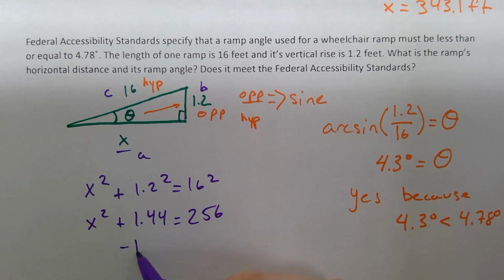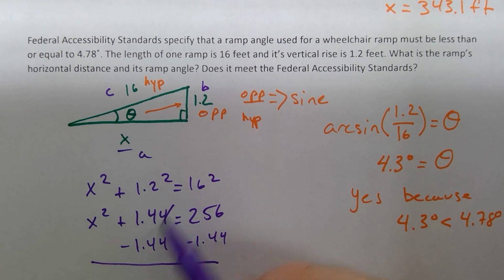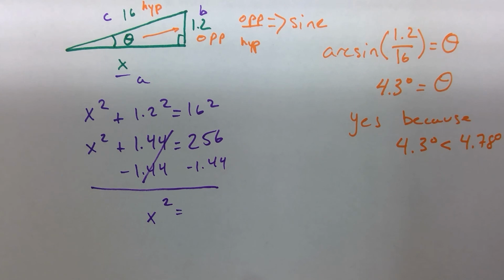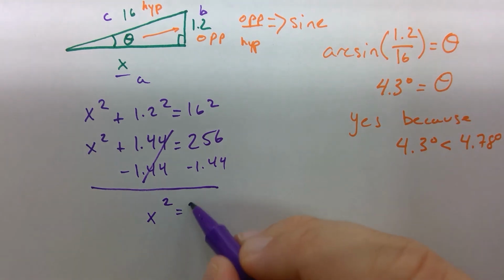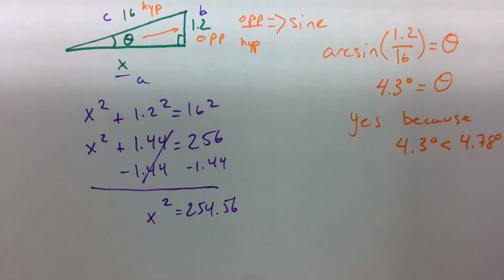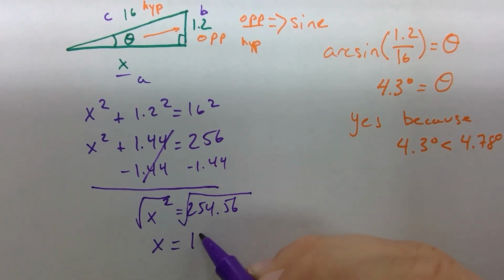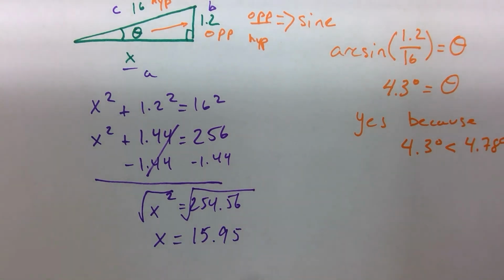Let's do some subtraction to get that x squared by itself. 254.56. And since we have the x squared by itself, we can go ahead and square root both sides, and x is going to give us approximately 15.95. So that would be the horizontal distance of our ramp.